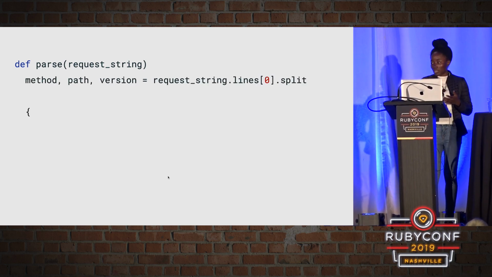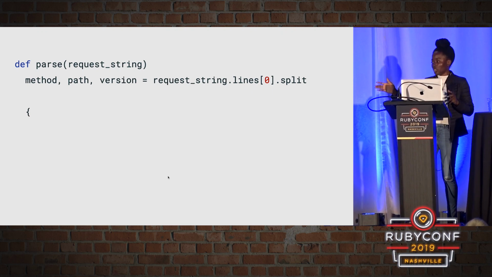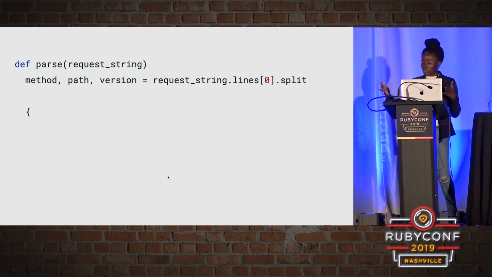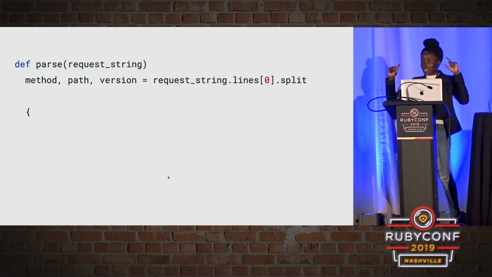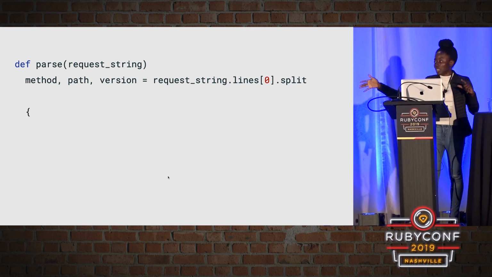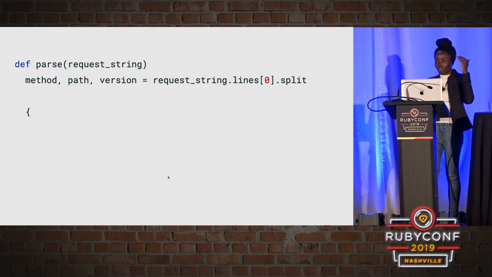Because we know the request string, according to the HTTP spec, the first line of your request string has the method, the path, and the version. We're essentially splitting your first line into three variables, assigning the first as the method, the second as the path, and the third as the version. That's very simple.